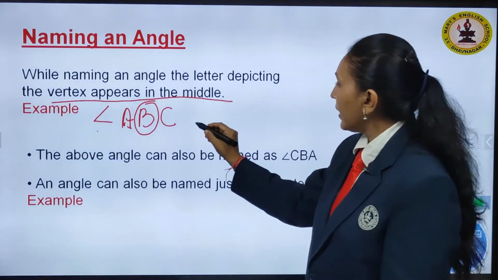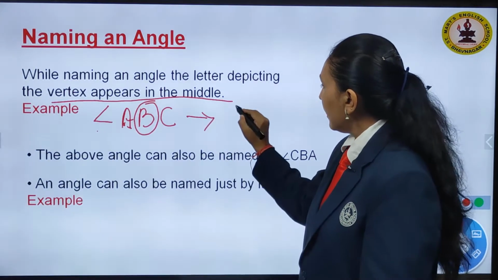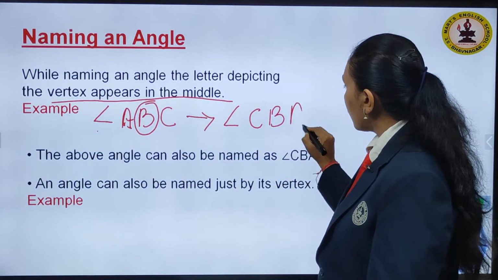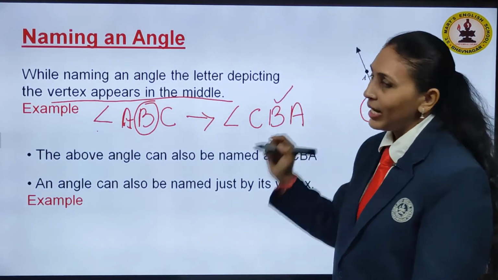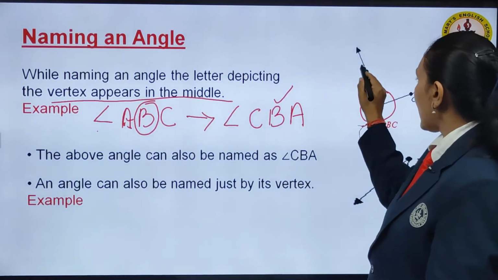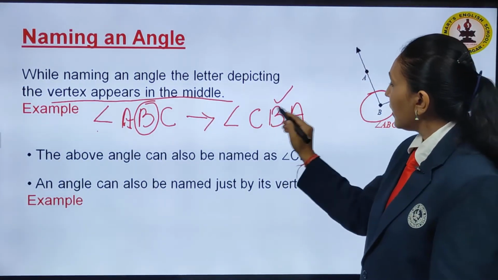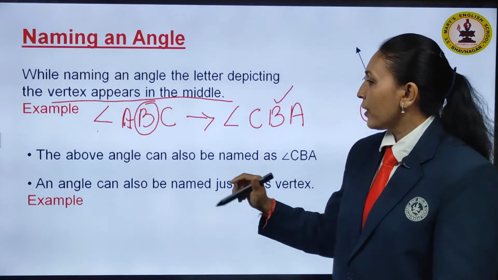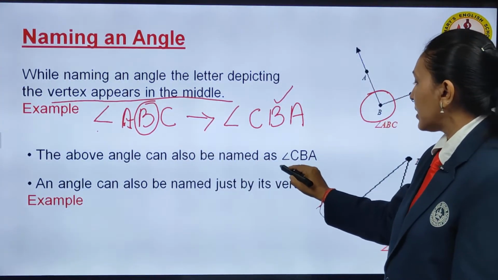Also, children, you can write the same thing in a different manner. You can write angle CBA also, but yes, the B has to be in the center only. You can change the top ones, that is the arms, A and C. You can interchange these two, but not the center. So you can see the above angle can also be named as CBA.